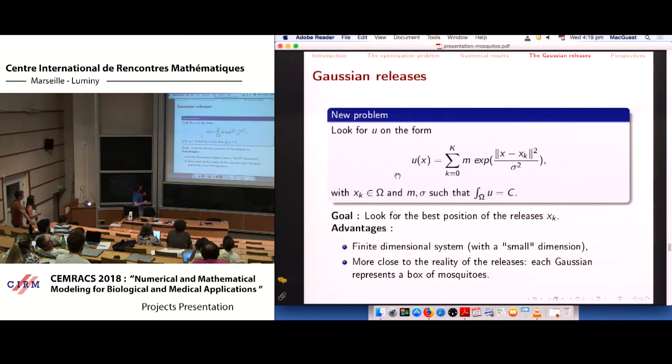And we chose it so that the total amount of mosquitoes again is still C. And so in this case, what we're trying to do is choose these x_k, which are going to be the centers of the releases, okay? Which are the best positions for these k releases, for them to have an invasion, okay?